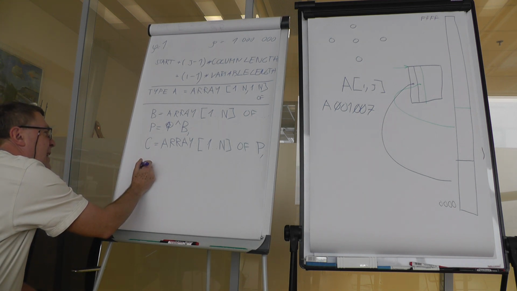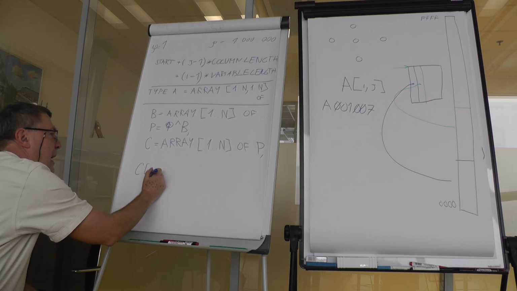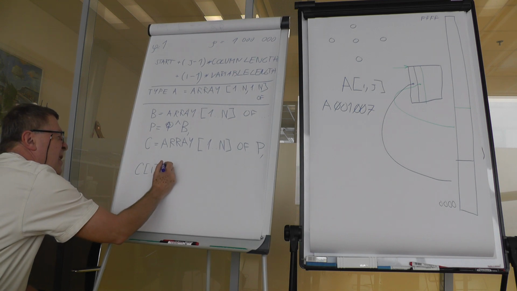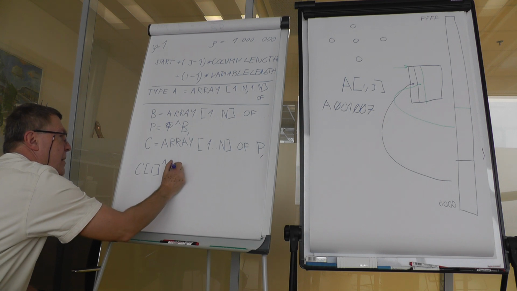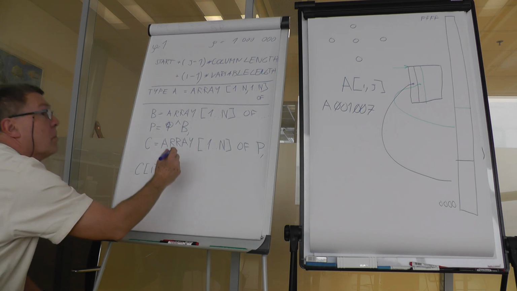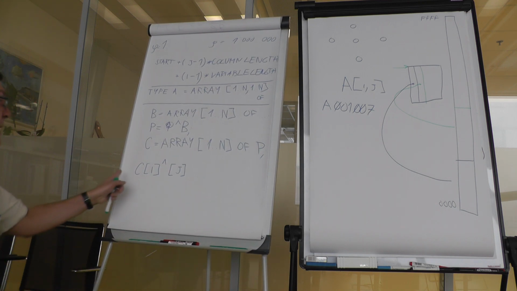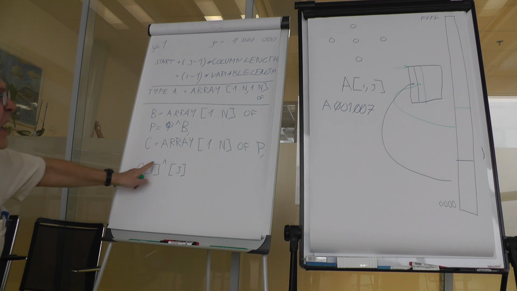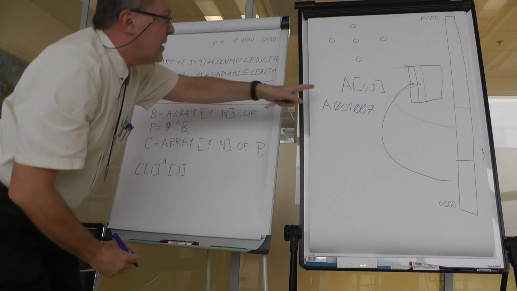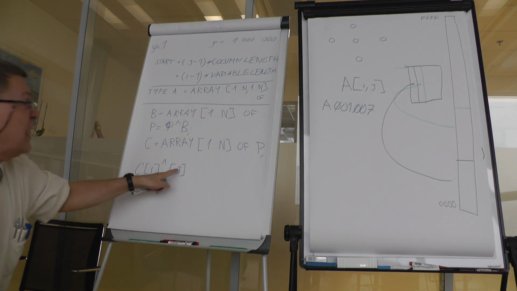So I could write C[i][j]. A little bit more writing, but now I look into the array C. I only map once. I have directly a pointer to the row, and then I address the element J.